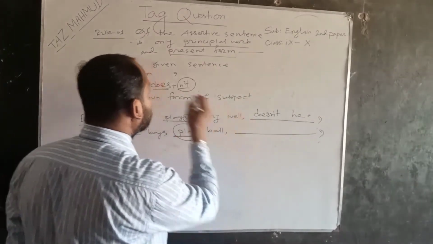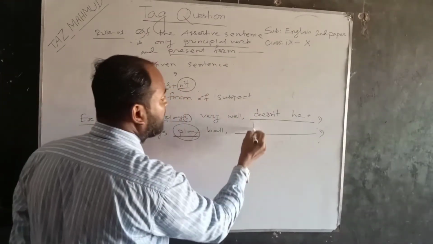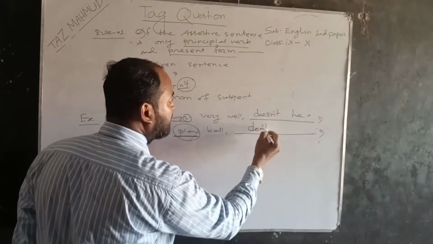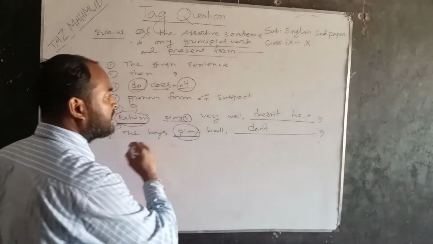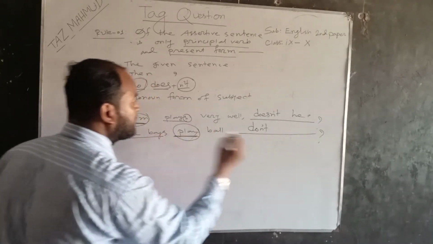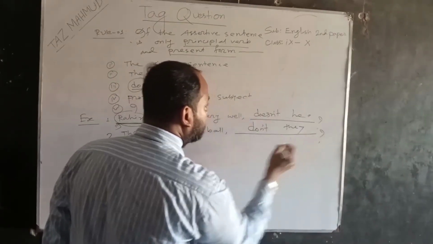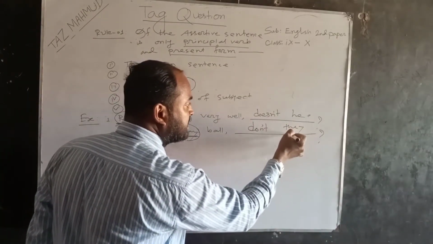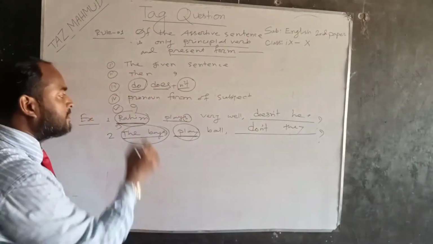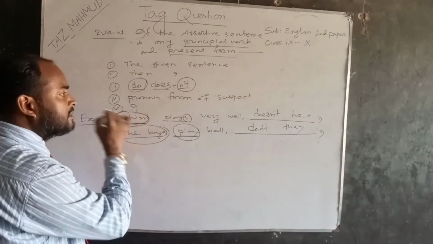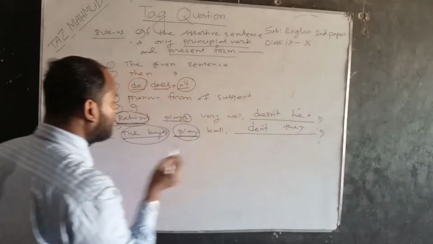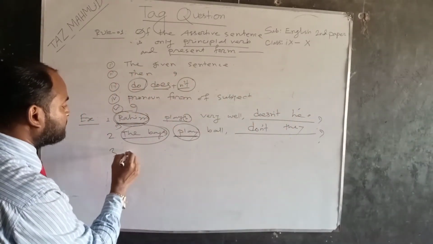Then we shall write do, and then for negative not, and then the pronoun form of the subject. For plural, we have to write the pronoun form they, but if the subject is singular in personal cases, we shall write he.